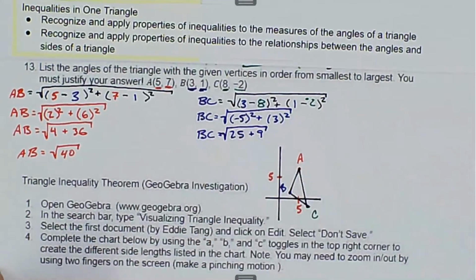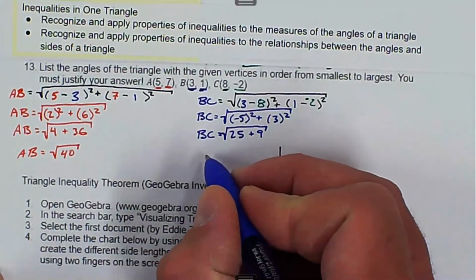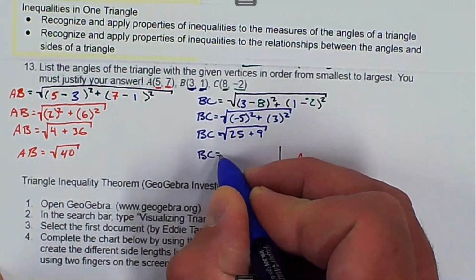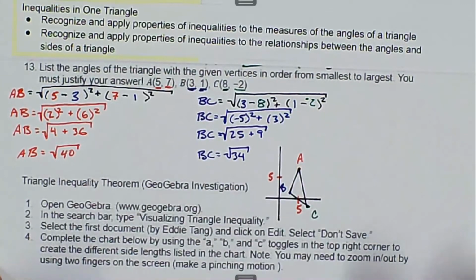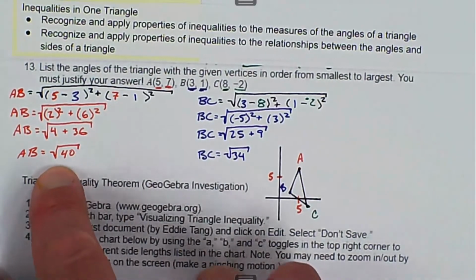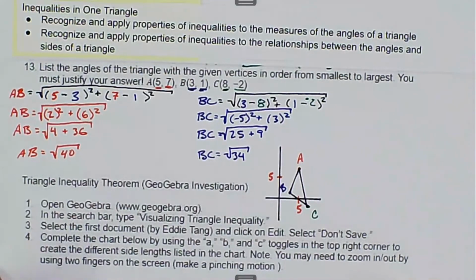That is still under the square root. And so we get BC is equal to the square root of 34. Well, now we can see that BC is smaller than AB, so that's going to help us with our angle relationship. And the last one we have is CA.